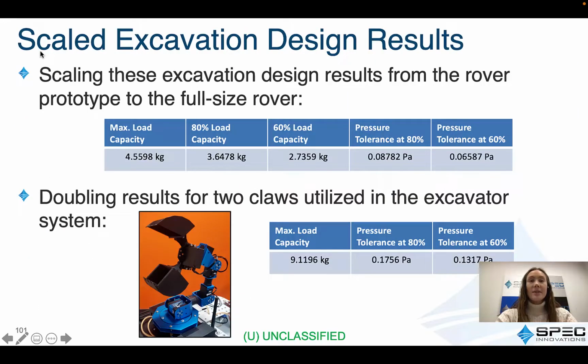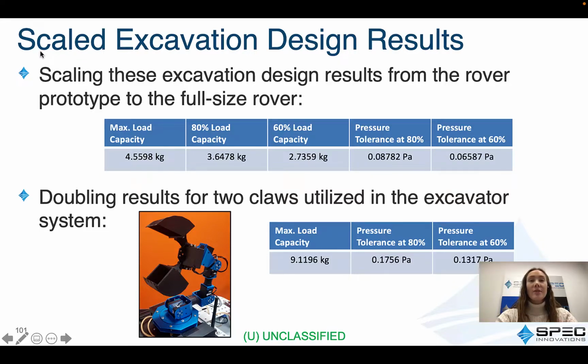The Ansys results calculated for the Rover prototype's excavation claw design were then scaled up to the full-size Rover. This was done by comparing the mass of the prototype to an average full-size rover from the Apollo missions. This ratio is 5.4 kilograms to 108 kilograms, or 1 to 20.